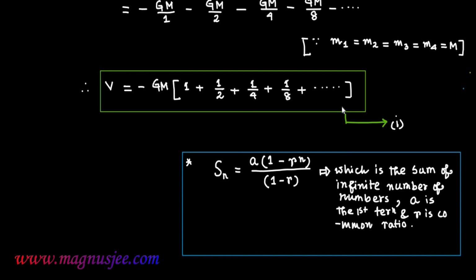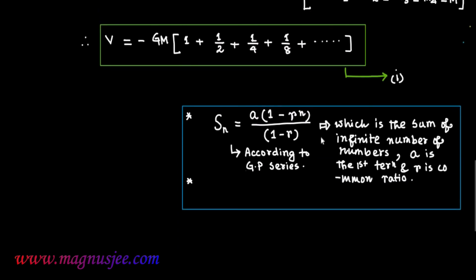Also r is less than 1, the common ratio is less than 1, and the formula is derived according to the GP series. The common ratio r is less than 1.